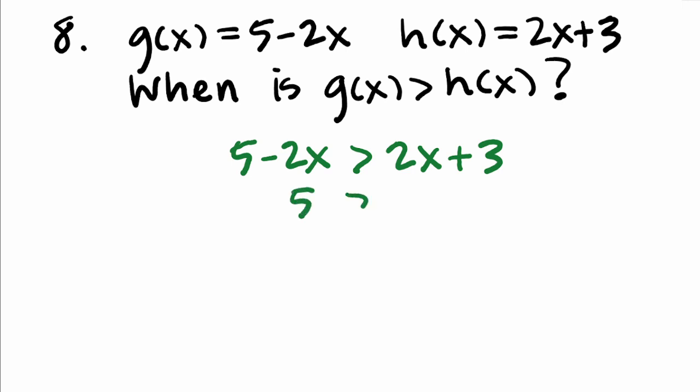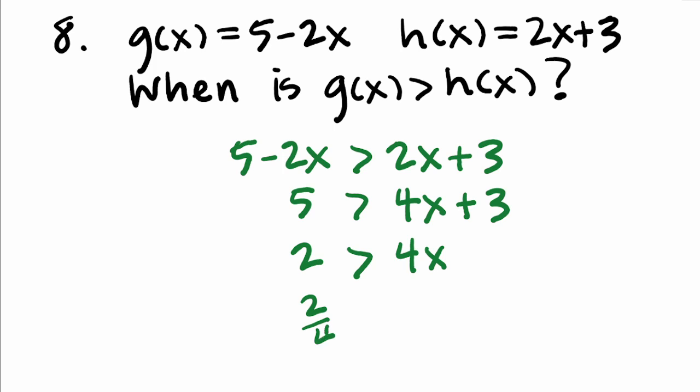So I will just have 5 over here, and 2x plus 2x is 4x, and then still plus 3. Then I will subtract 3 from both sides. 5 minus 3, that'll be 2 is greater than 4x. Divide both sides by 4, and I will get that 2/4 is greater than x, which is the same as saying x is less than 1/2.